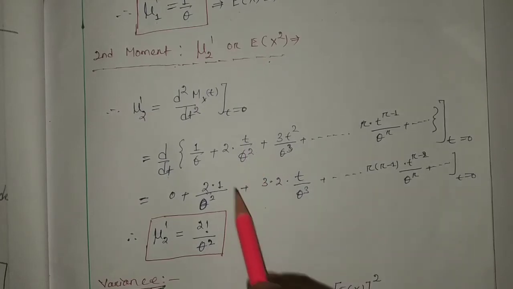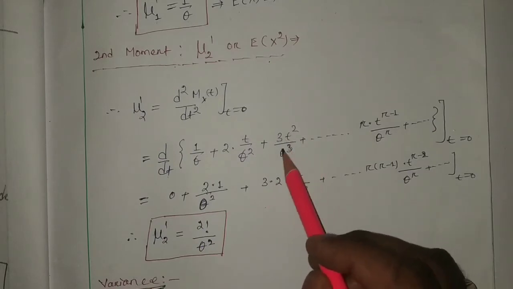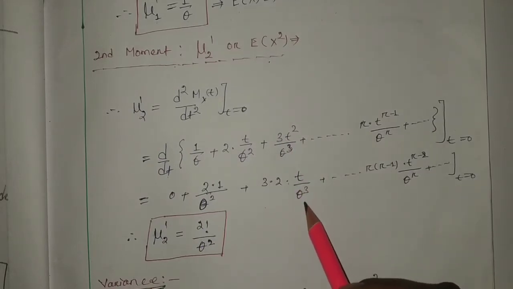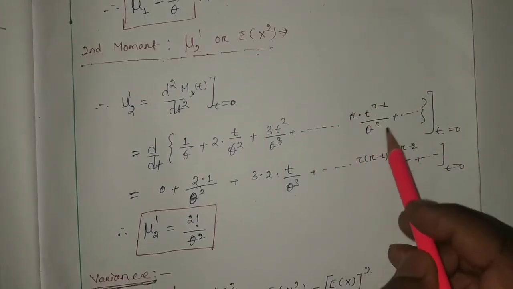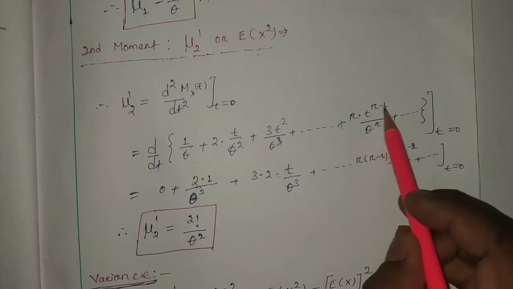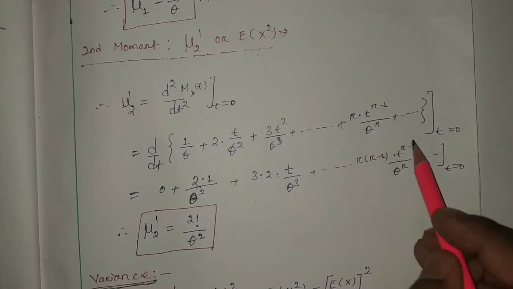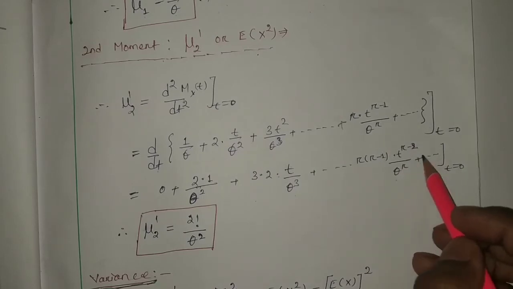So 2 into 1 by theta square plus this will be 3 into 2 into t by theta cube and so on. So this term, differentiated with respect to t, gives r into r minus 1 into t to the power r minus 2 by theta to the power r, plus so on.